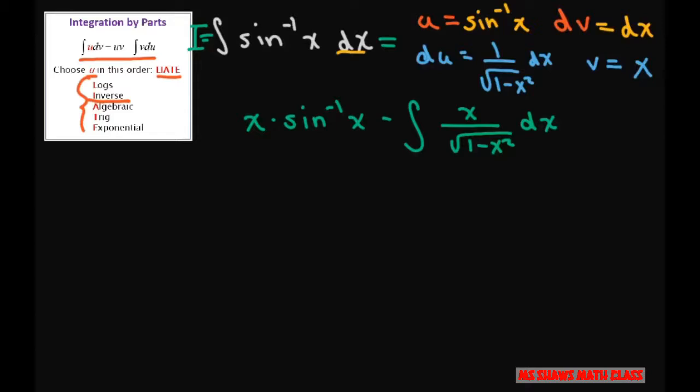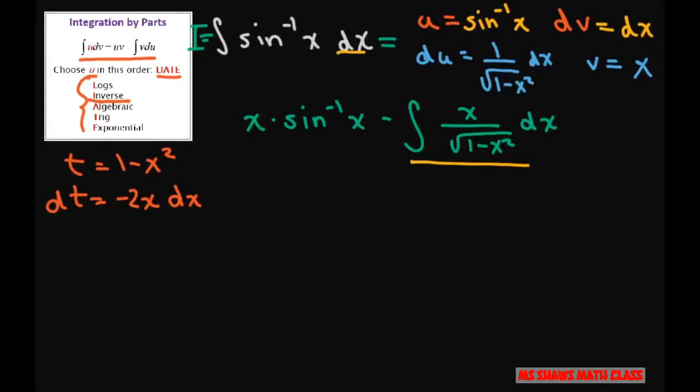So we're almost done. We have to find the antiderivative of this. The best way to do that is to let t equal 1 minus x squared. I'm just changing the variables here to let you know it's different than our u's and v's. So our derivative of t is negative 2x dx.